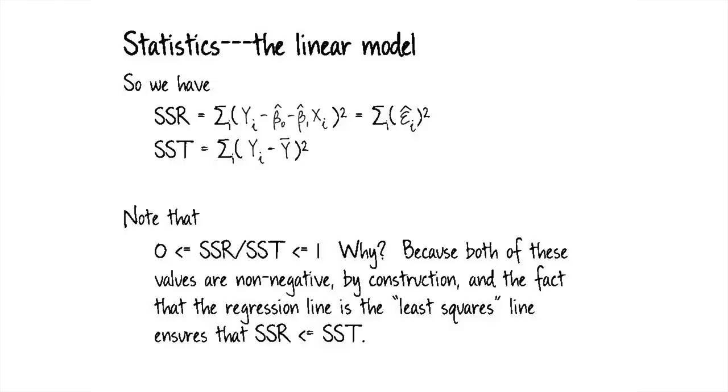Any other line is going to give you a higher sum of squared errors than the SSR. So you got half of it: they're both non-negative by construction, and the fact that the regression line is the least squares line ensures that SSR is always less than or equal to SST.